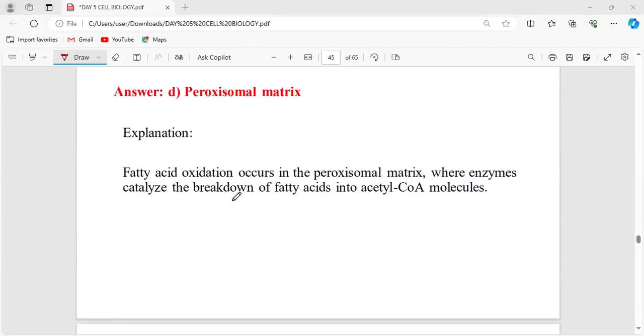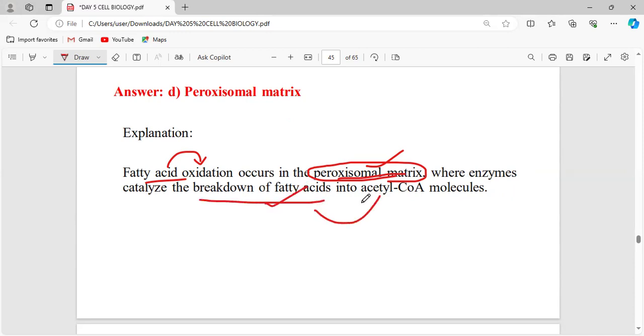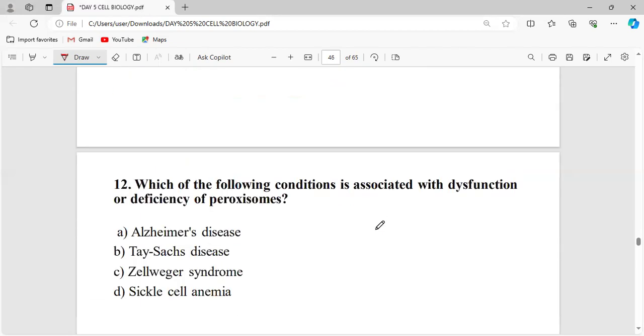See, these fatty acids are getting oxidized only in the peroxisomal matrix, because all the required enzymes are present only in the matrix of the peroxisome. Now these fatty acids have been broken into acetyl-CoA molecules, not ATP. ATP production is confined only to the mitochondria, right?